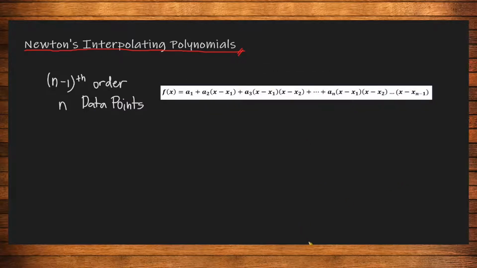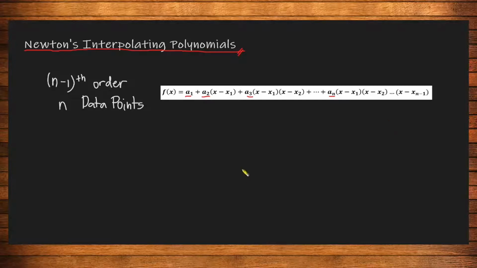So, the special feature of this form of the polynomial is that the coefficients a sub 1 through a sub n can be determined using a simple mathematical procedure. So, hindi na natin kailangang mag-solve ng systems of linear equations katulad doon sa standard form in order to obtain the value of our coefficients. So, ito yung kagandahan sa Newton's form. Now, once the coefficients are known, the polynomial can be used for calculating an interpolated value at any x.